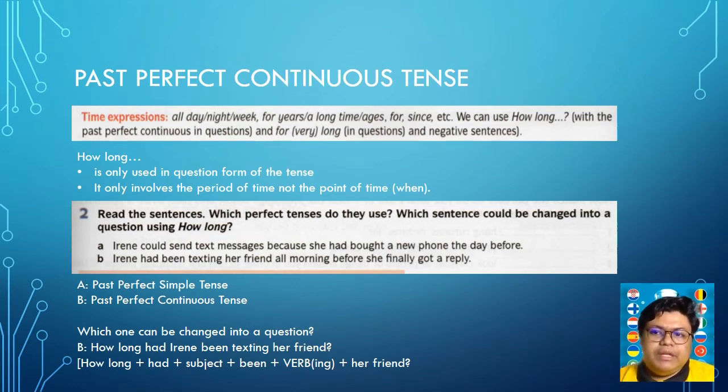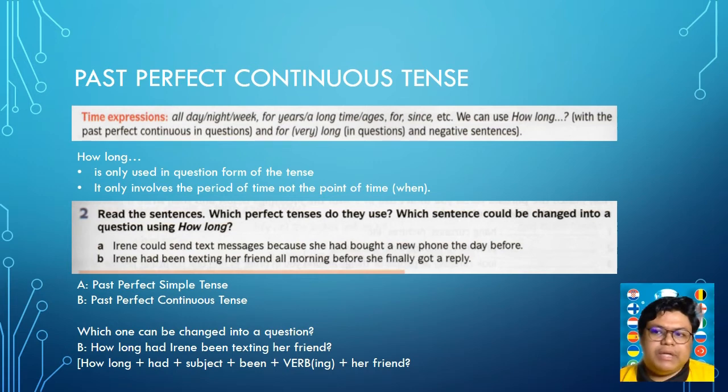And for very long, kalau kita gunakan for very long, it is only used in question and in negative sentences. Maksudnya nak menunjukkan yang benda tu negatif lah. For very long time I've been waiting for you. Maksudnya negatif lah tu, sangat terlalu lama. So let's talk about how long. It's only used in question form of the tense.